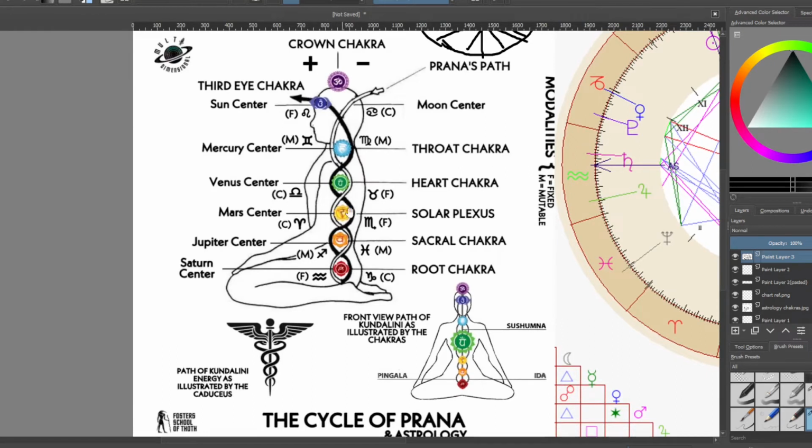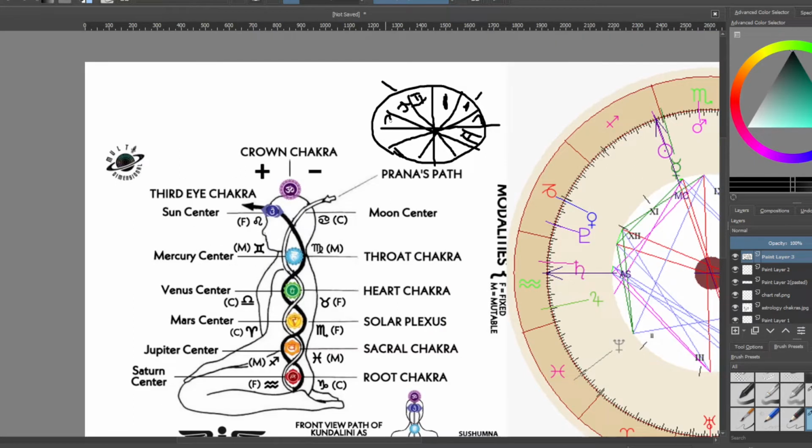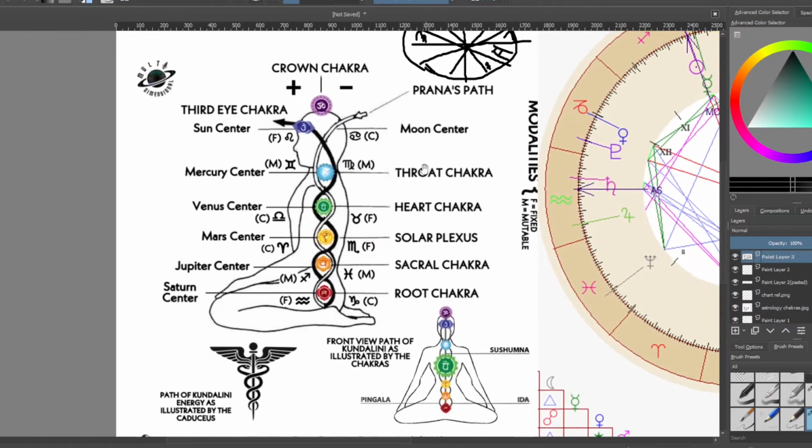Down here, around the solar plexus and the belly, we have the Martian center. Again, Aries is here, and Scorpio is here. Another one of these opposite things. You've got the opposites of Mars, the opposites of Venus, the opposites of Mercury, Sun and the Moon, which are two different planets, but they are the opposites.